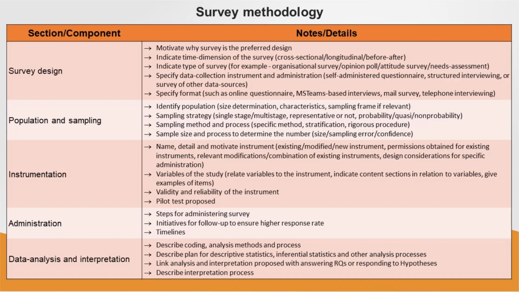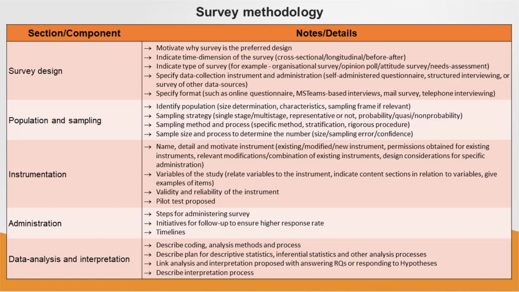Then, in terms of population and sampling, identify the population, like the size, the characteristics, and the sampling frame if it's relevant. Then the sampling strategy: is it a single stage, multi-stage, representative sample or not? Is it probability sampling, quasi-probability or non-probability sampling?